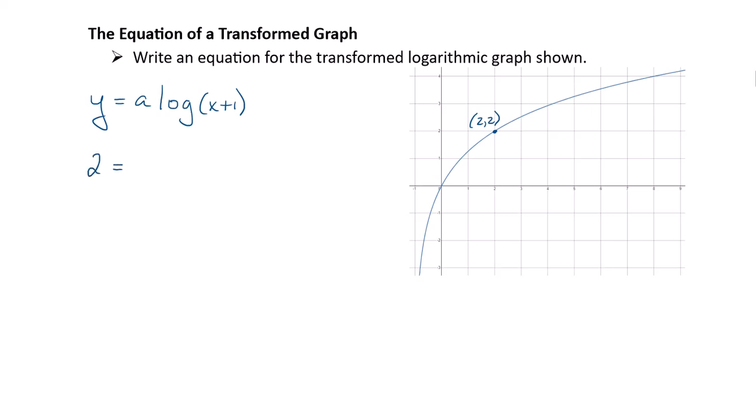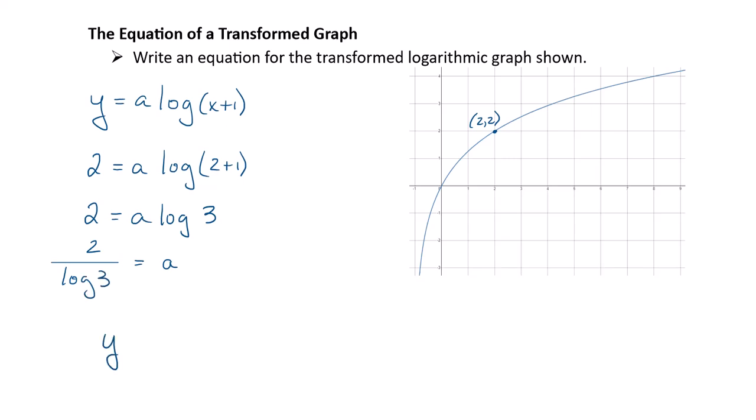So 2 is equal to a log 2 plus 1. That means I have 2 equals a log 3. Then I can solve for a by just dividing both sides by log 3. So a is 2 divided by log 3. So I know that y is equal to my a value, which is 2 over log 3, times the log of x plus 1.